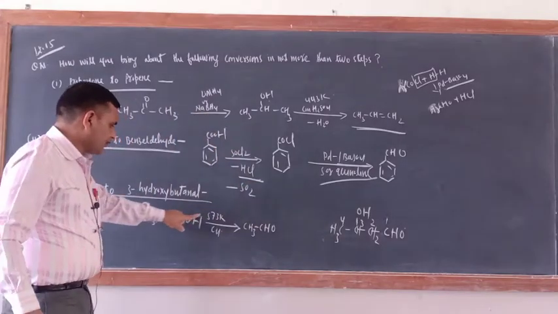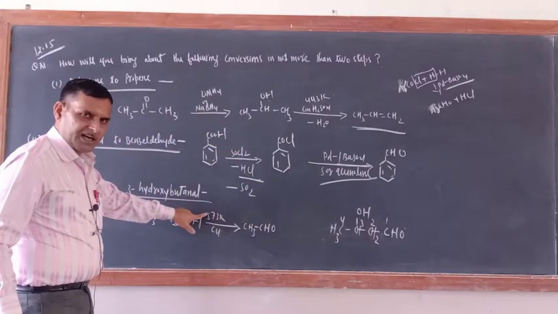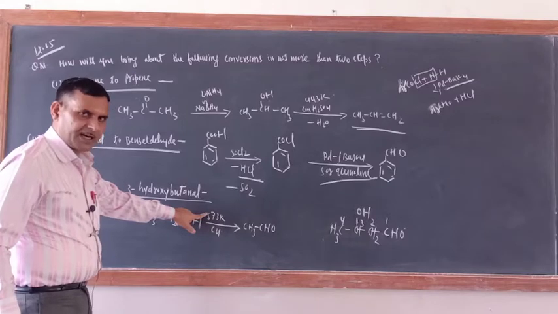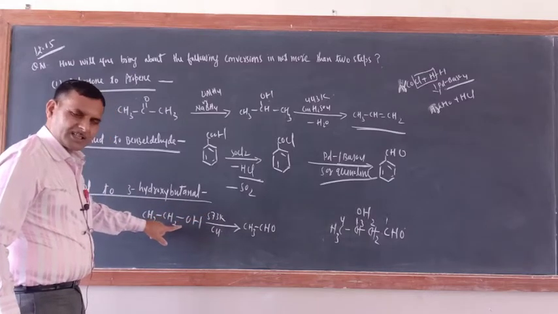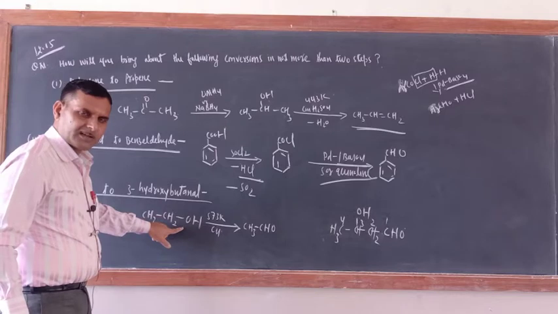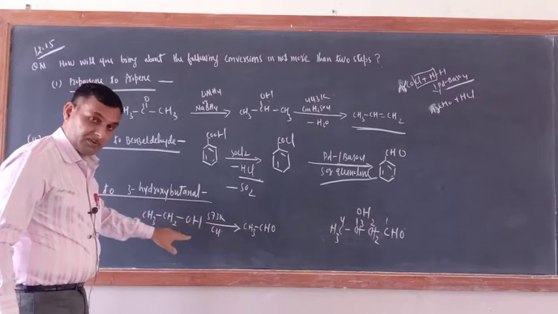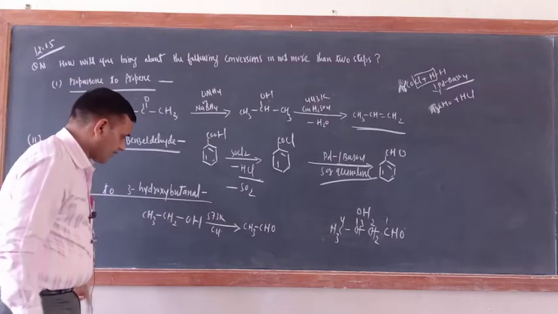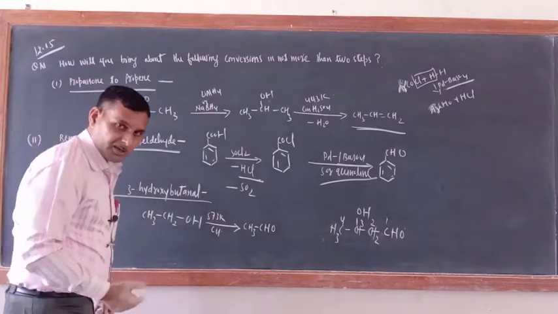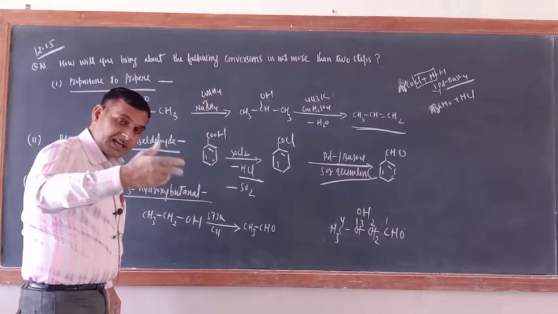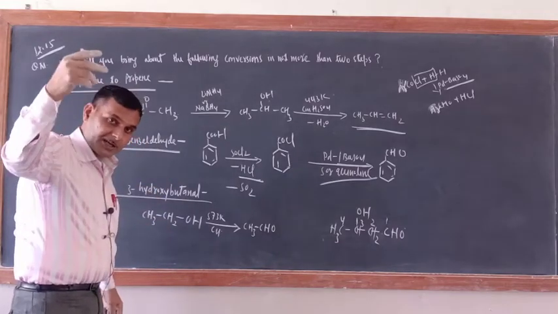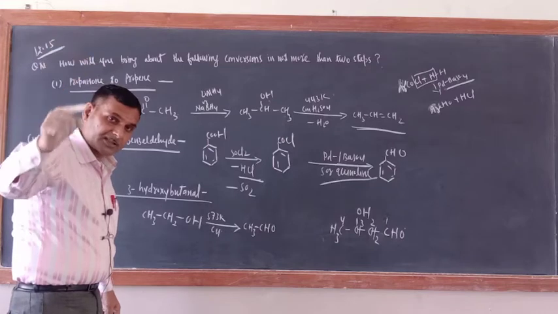Otherwise, if you will take here lithium aluminium hydride, so what is the reduction product of alcohol? Aldehyde only? Sorry, oxidation. What is the oxidation product of this one? Alcohol gets oxidized into aldehydes and ketones. Aldehydes and ketones get oxidized into carboxylic acid.